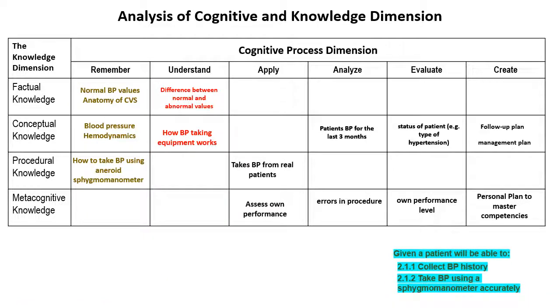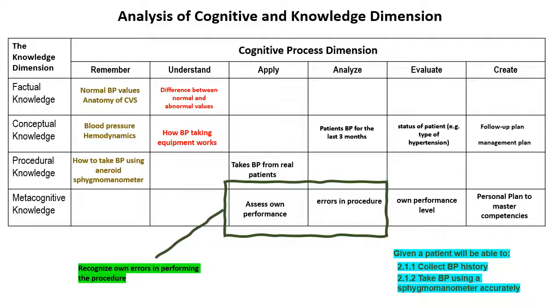Lastly, I don't want you to forget about metacognitive knowledge because it is as important as the others. Let's say we are now into given a patient, will be able to collect BP history or take BP using a sphygmomanometer accurately.